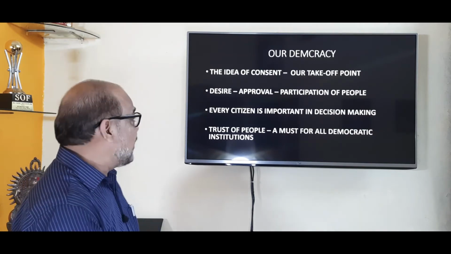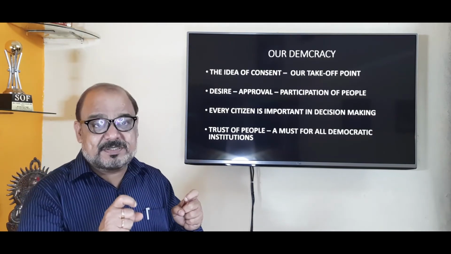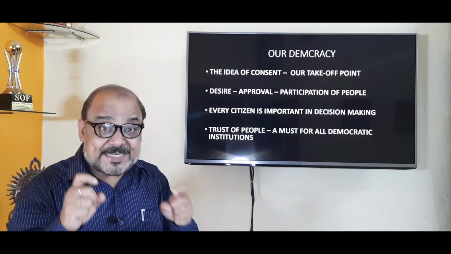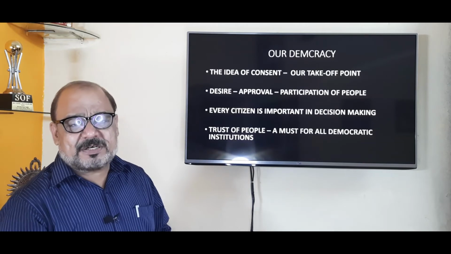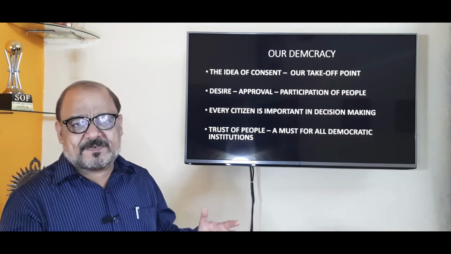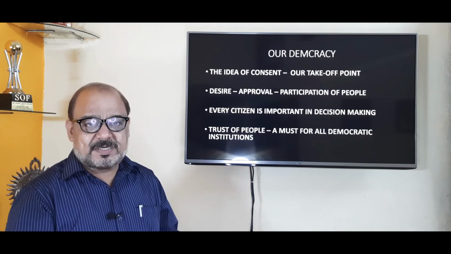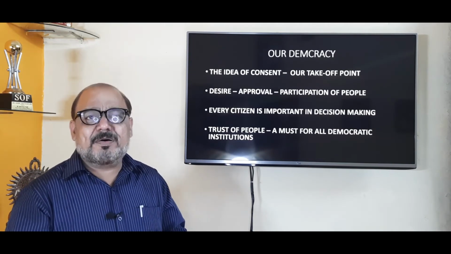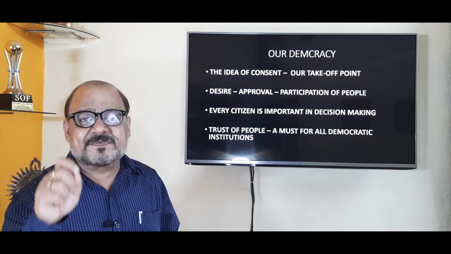The first thing about our democracy is the idea of consent. The idea of consent is our takeoff point. The main point of our democratic pattern of government is the idea of consent. The democratic government formed in India is on the basis of the consent of the people.